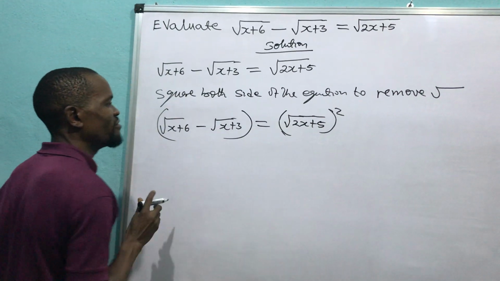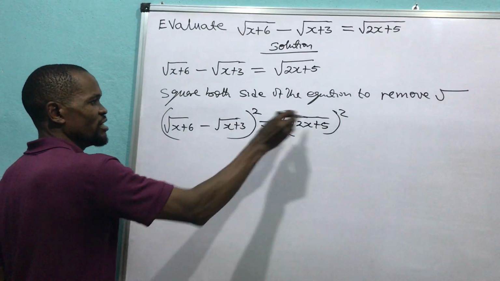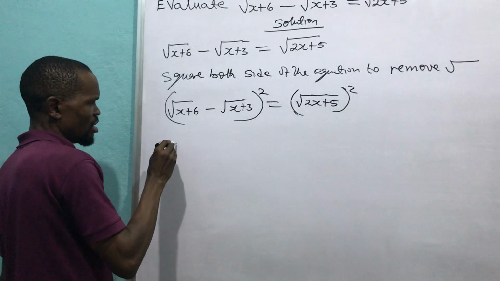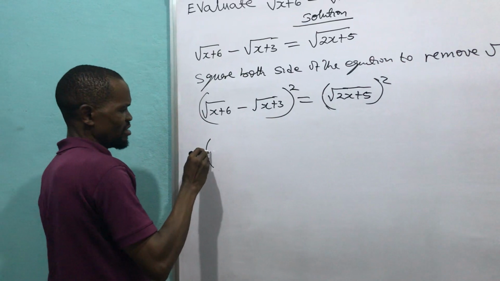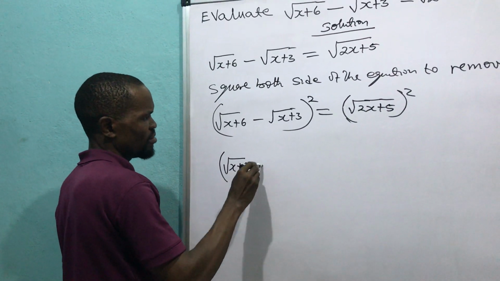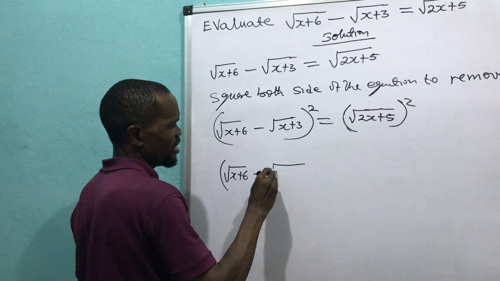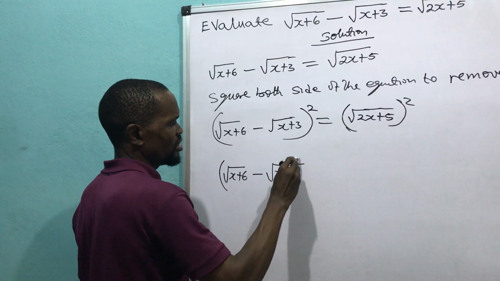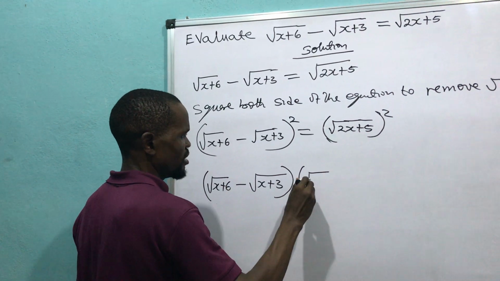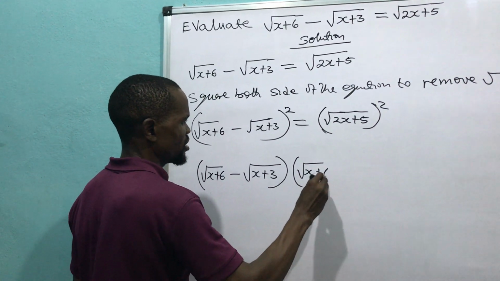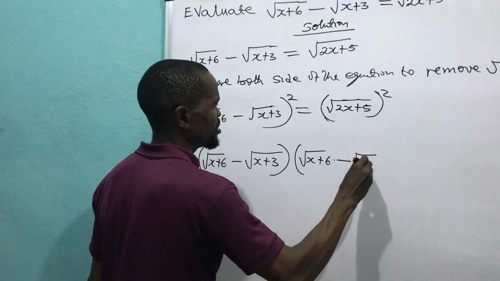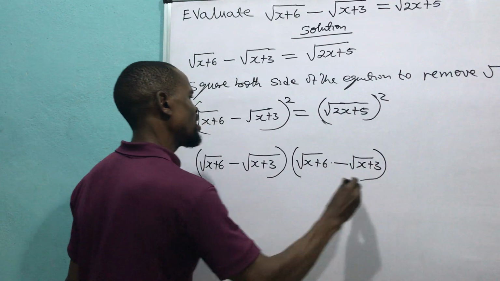And what are you going to have here now? This square, I will have x plus 6 minus x plus 3 in brackets.